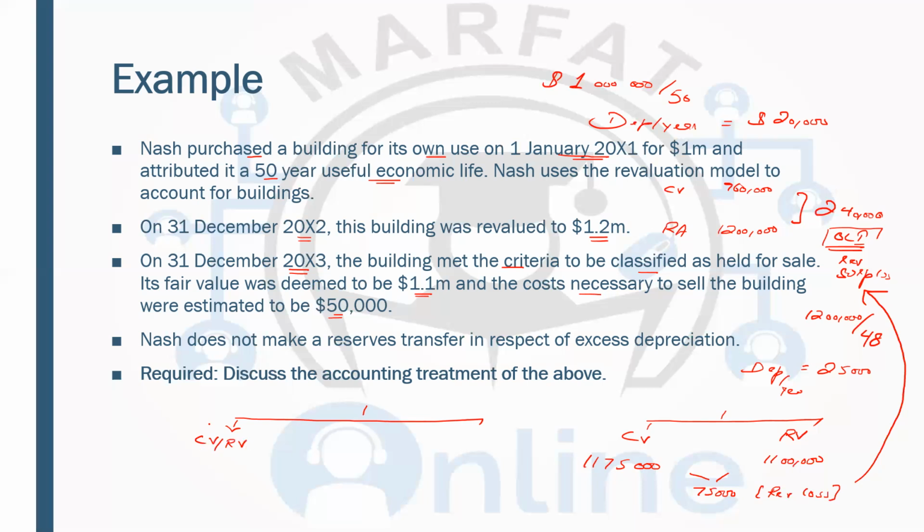The carrying value and the revalued amount is 11 lakh. Now we have to see the fair value less cost to sell, which was 11 lakh minus 50,000, because the 50,000 is the cost to sell, and it will be 10 lakh 50,000.